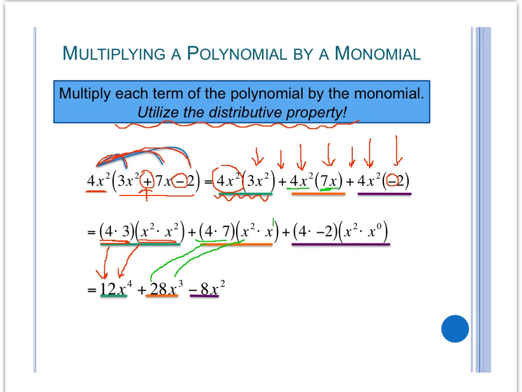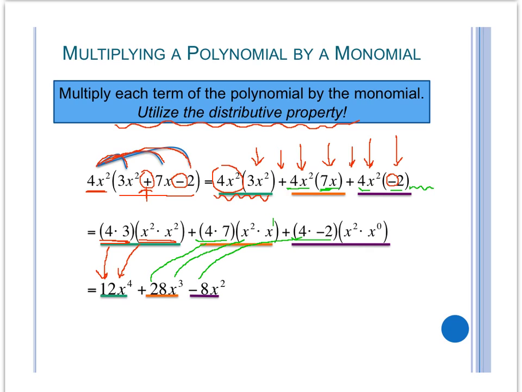And lastly, our last multiplication we're doing is the coefficients of these two terms, so 4 times a -2, and that will give us this -8. And then x squared times, as you notice up in here, there aren't any x terms with that -2.